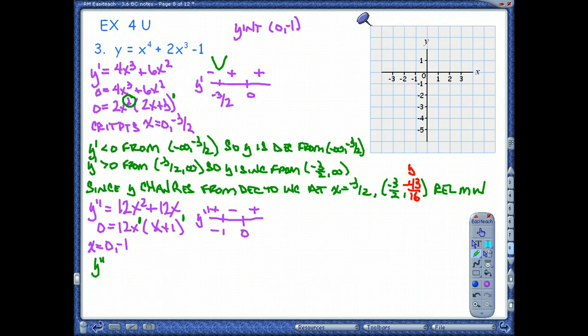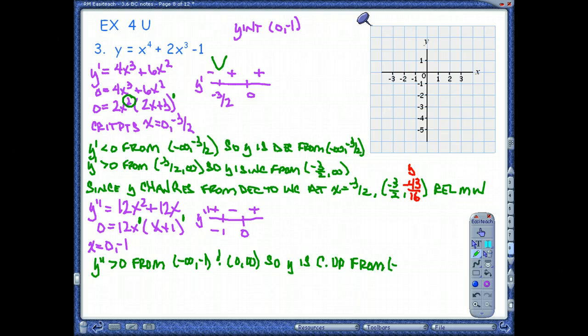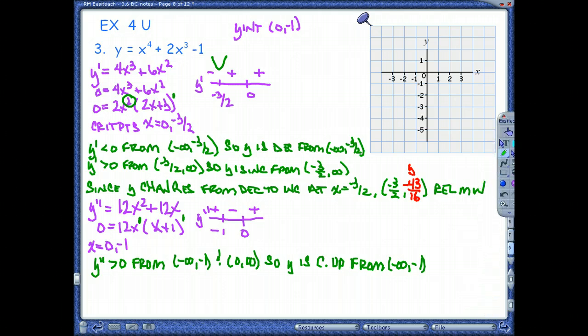So our second derivative is greater than 0 from negative infinity to negative 1 and from 0 to positive infinity. So y is concave up on those same intervals, from negative infinity to negative 1 and 0 to positive infinity.